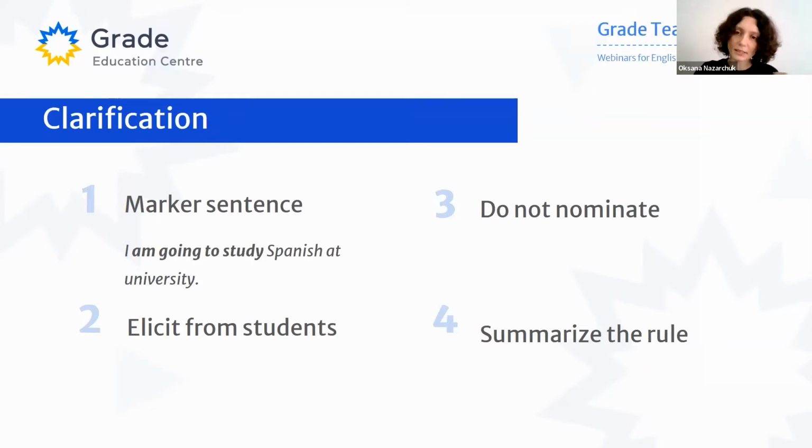But what's important, at the end of this eliciting session, I need to summarize the rule. Students still need to hear the rule from the teacher. They helped me reconstruct this rule by answering the questions. They analyzed the language.